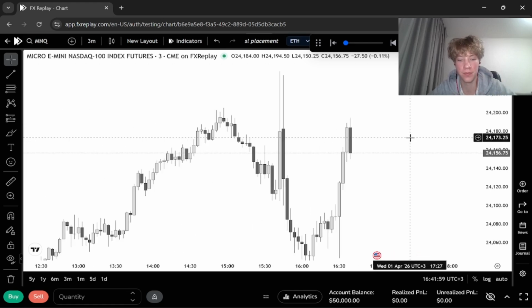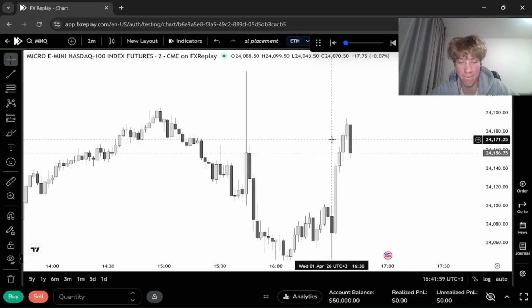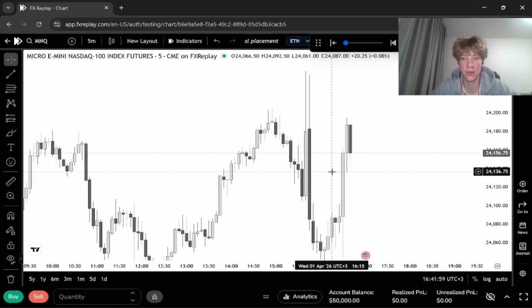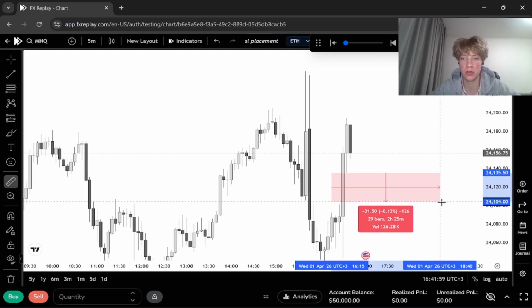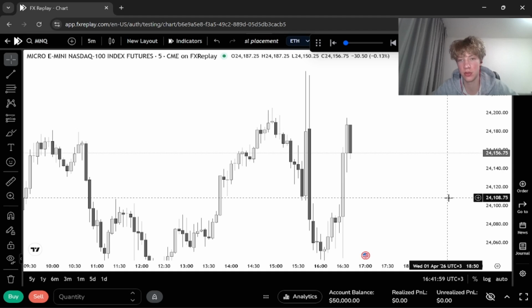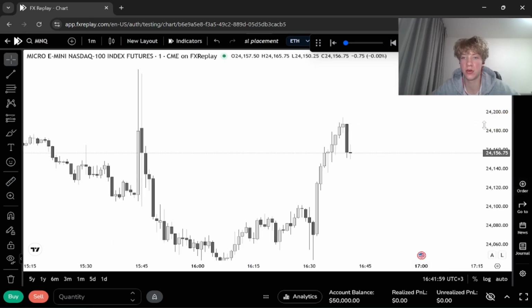We do get an inversion, but I'm not quite sure if I want to take shorts right now because I think we might want to take out this whole move.